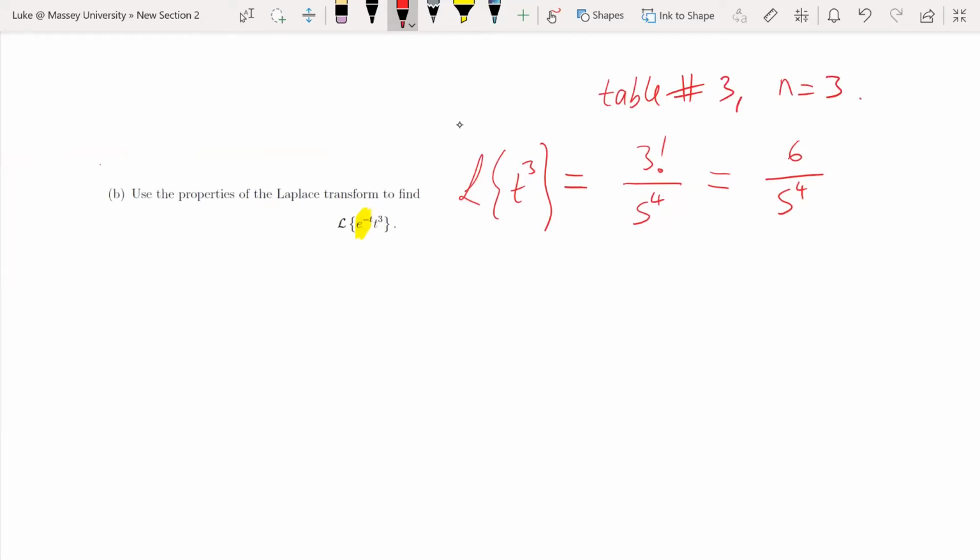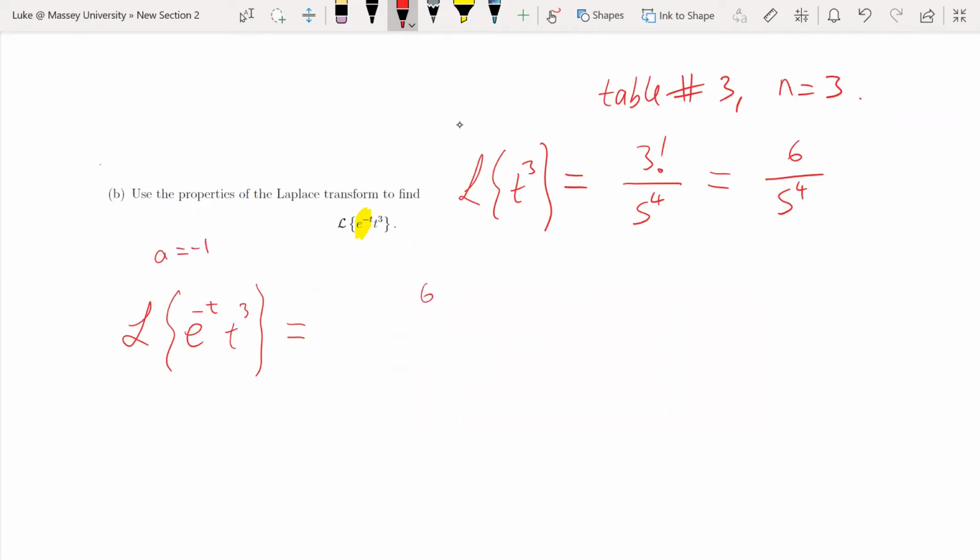So if I know that the Laplace transform of t cubed is 6 over s to the power of 4, then the Laplace transform of e to the minus t times t cubed, well, wherever I see an s here, I'm going to replace it with s minus a, where here a is equal to -1.